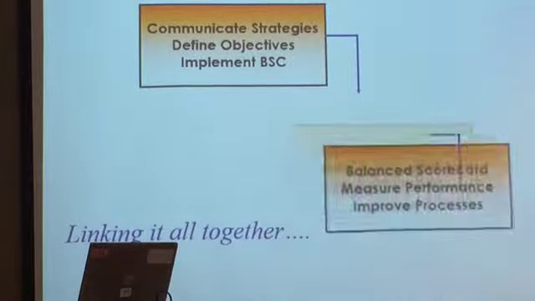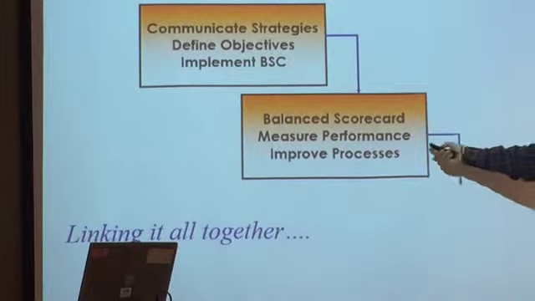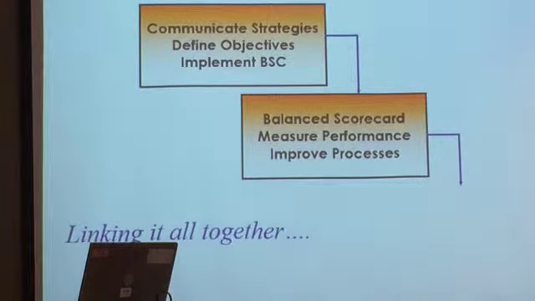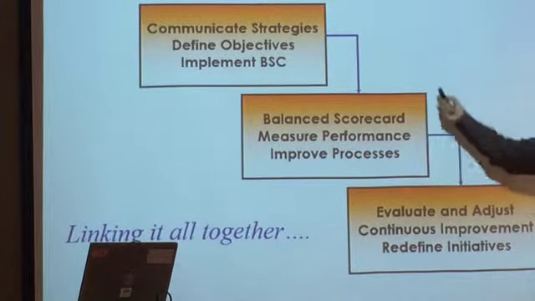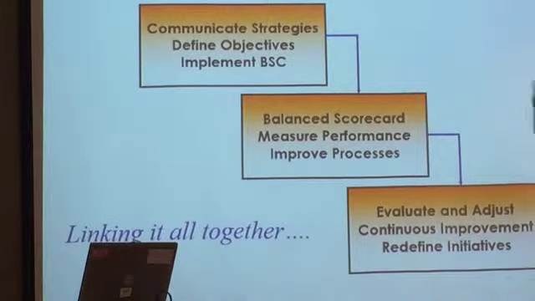Implement BSCs, and balance quality measure performance, improve the process, and evaluate and adjust, continuous improvement, and redefine loop, or keep-going loop, and keep improving the process every time you go over this process altogether. So this is an ongoing process to improve your operation through balanced scorecard.